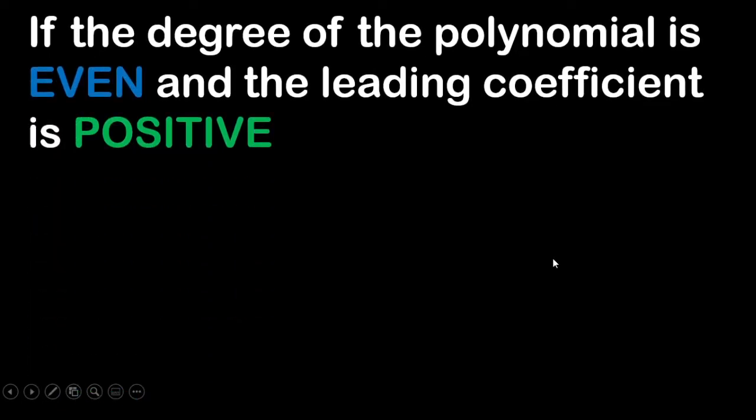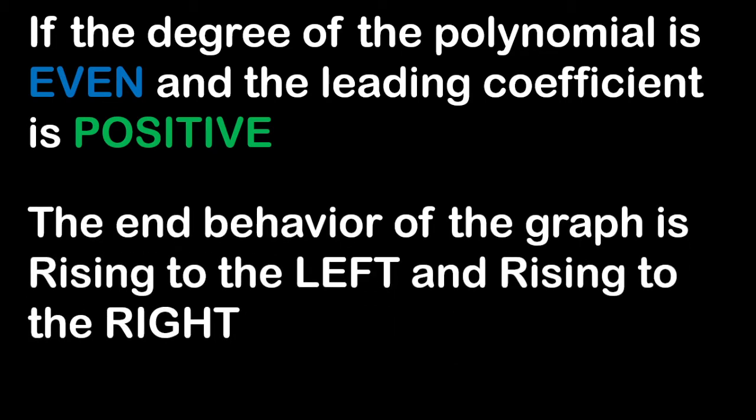If the degree of the polynomial is even and the leading coefficient is positive, then the end behavior of the graph is rising to the left and rising to the right. So, say we have y is equal to ax raised to an even degree. Say, we have the leading term, kunwari in the given function, we have the leading term positive 2x raised to 4.